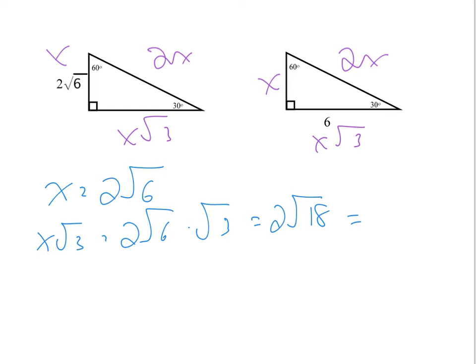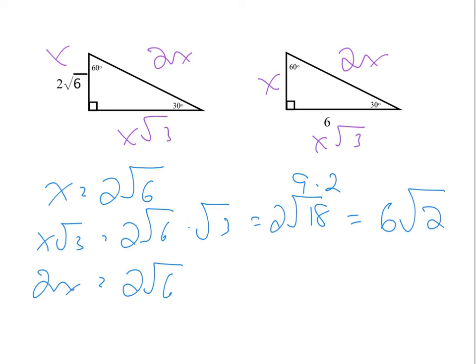I'll write that 9 times 2 right here. I pull the 9 out, that becomes a 3. So I have 2 times 3, which is 6, and I have a root 2 left inside. My 2x side is just 2 root 6 times 2, which of course then becomes 4 root 6.